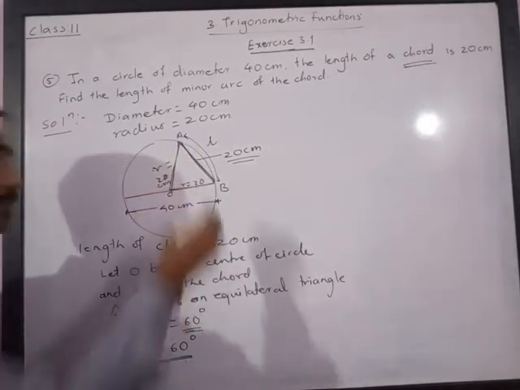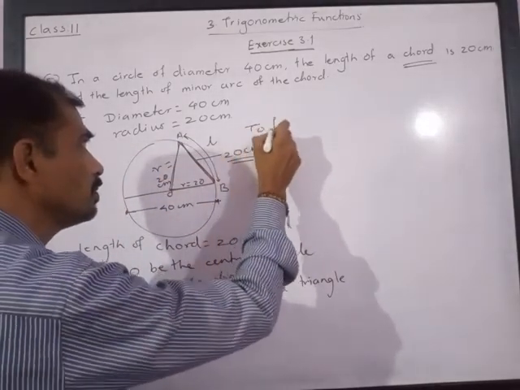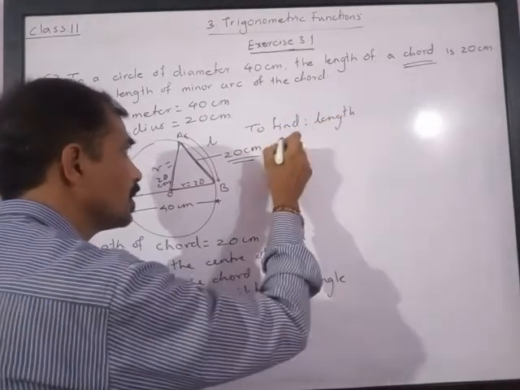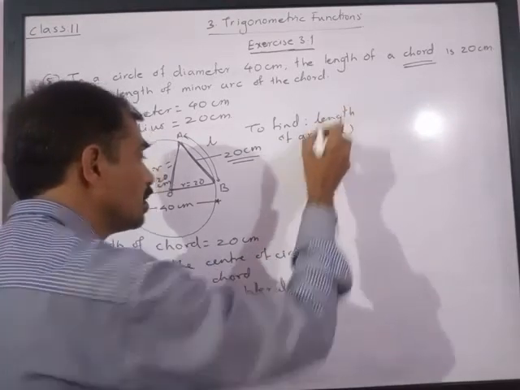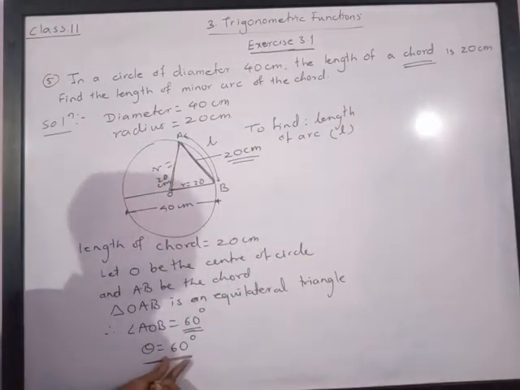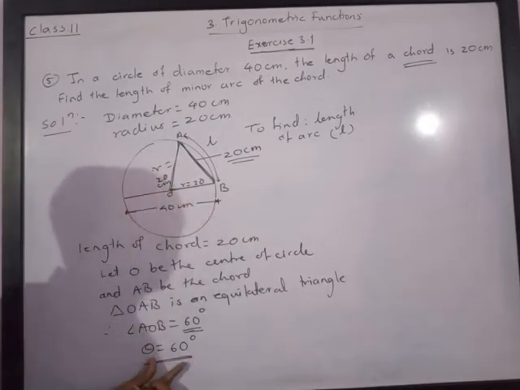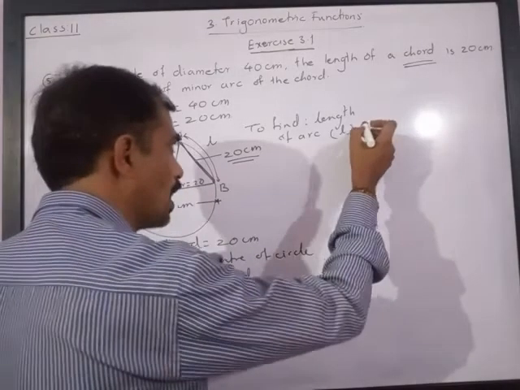Now we have one more formula. We are asked to find the length of the arc, that is L. We have theta in degrees and R in centimeters. We need to convert theta into radians, so we can use the formula L is equal to R theta.